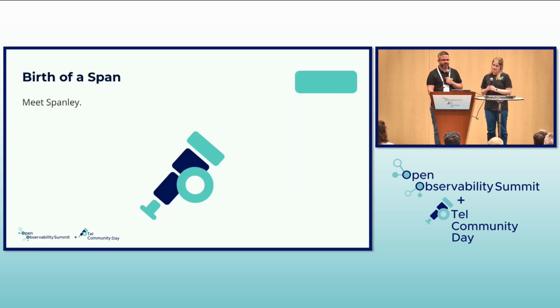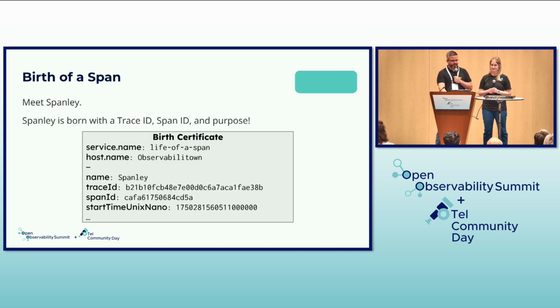Meet Spanly. This is the name that we came up with for the hero in our story. Spanly's mission is basically bringing visibility into what your distributed system is doing. Spanly is born when your application starts a span using the OpenTelemetry tracer.